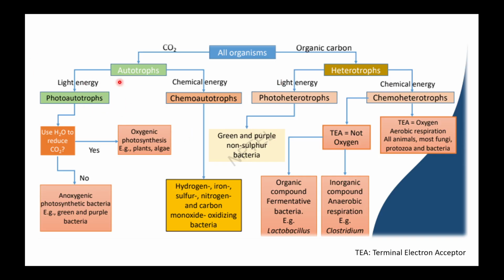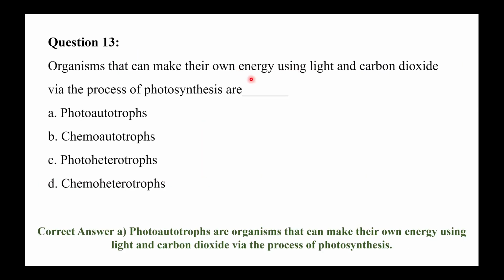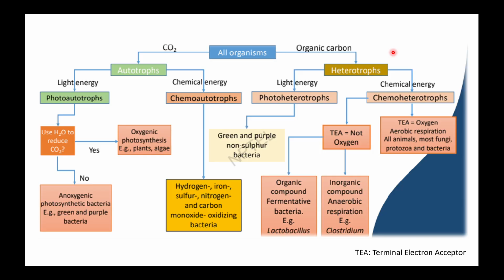Okay. So here in the question, it was using light, so it was photo, and using carbon dioxide, so it was autotrophs, so photoautotrophs. Okay, if it was using carbon dioxide to make chemical things, then it would be chemoautotrophs. If it is using organic carbon source as the primary carbon, then it would be heterotroph.